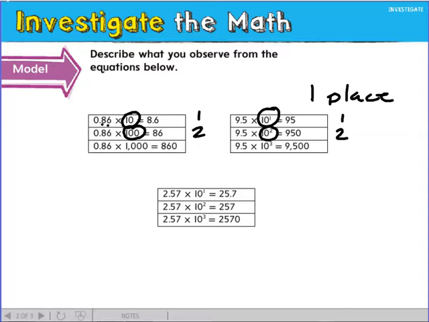And how many places did it move when we multiply by 1,000? And how many places on 10 to the third? Is it the same down here? Yes. Okay, so our pattern is, let's say I had this. I don't want you to do any math, I just want you to tell me how many places I have to move the decimal.